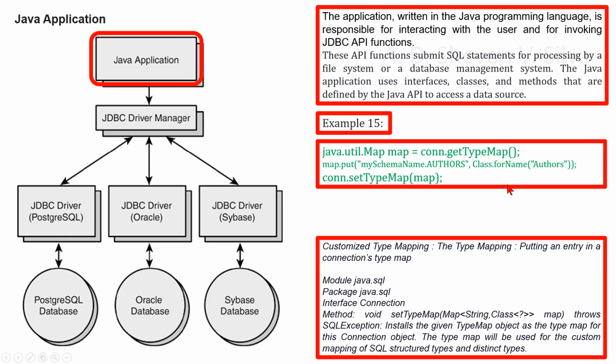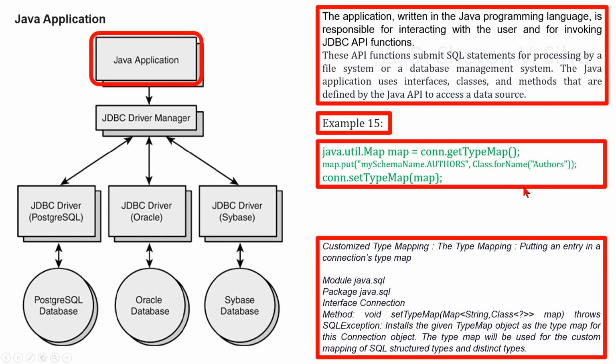Two, putting an entry in a java.util.Map object. The entry must contain the following two items: a, the fully qualified name of the SQL UDT that is to be mapped; b, the Class object for the SQLData implementation. It is an error if the class listed in a type map entry does not implement the SQLData interface.